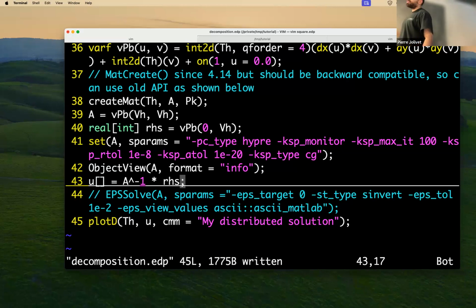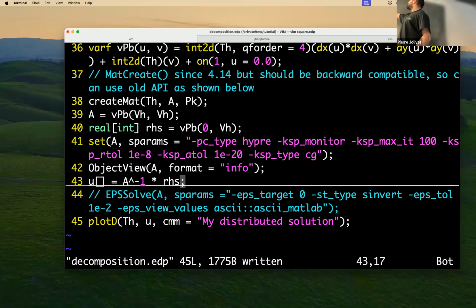One such transformation is called shift and invert, or just invert in practice, where instead of solving this problem, for the smallest lambda, we will do 1 over lambda x equal A inverse x.